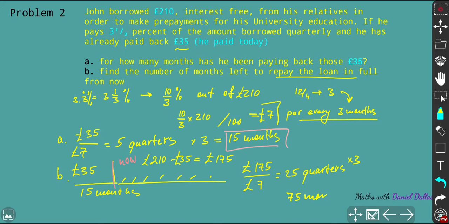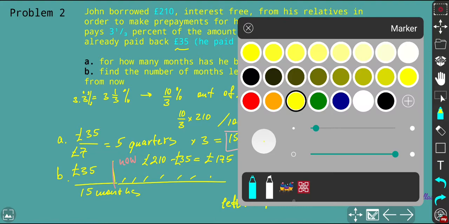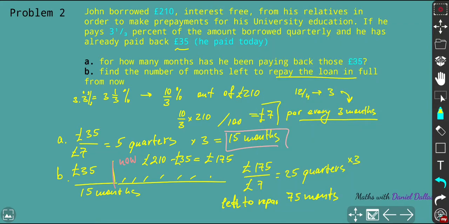All right, so that's pretty much the period left to repay in full: 75 months. If you want to convert to years, what do you need to do? 75 over 12, so it's around 6.25 years to repay.